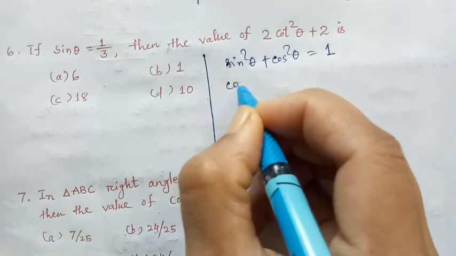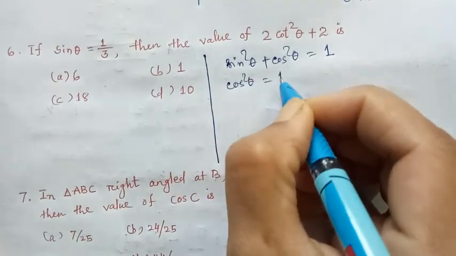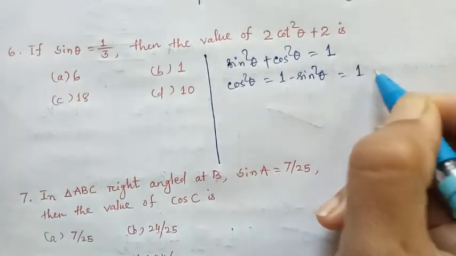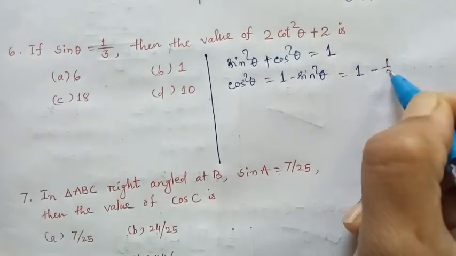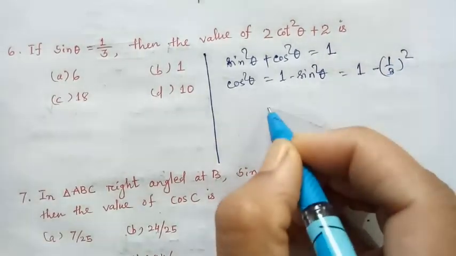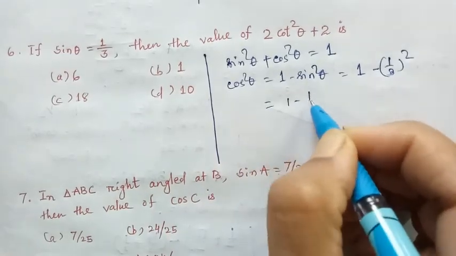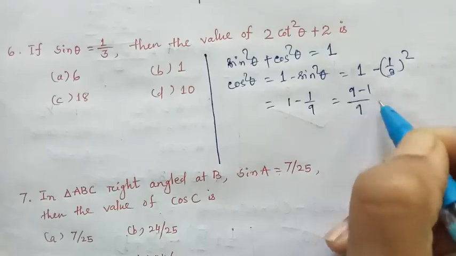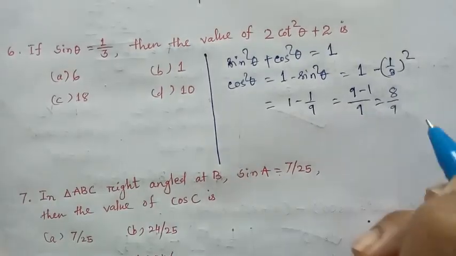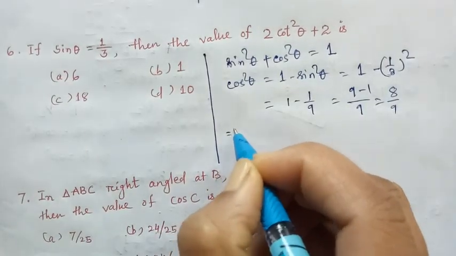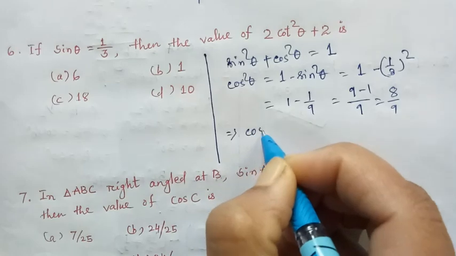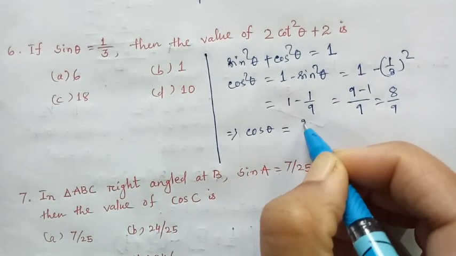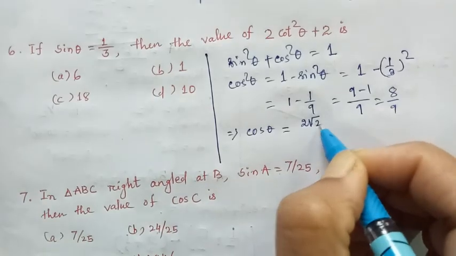Okay, so cos square theta is how much? 1 minus sin square theta is equal to 1 minus (1 upon 3) square, which is 1 minus 1 upon 9, that is 9 minus 1 upon 9, 8 by 9. So cos theta is root over 8 upon 9, that is 2 root 2 upon 3.